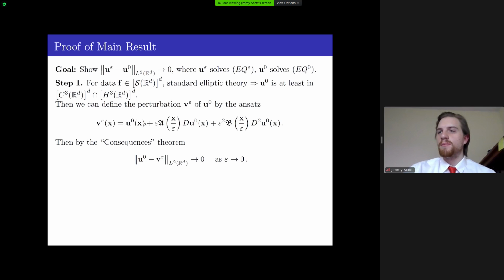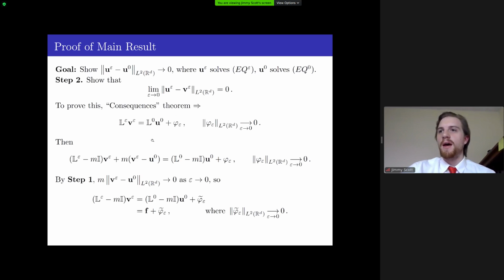Because the classical theory tells us that U0 is smooth enough, we can define the ansatz relatively easily, and so we get that U0 minus the ansatz converges to 0. Then you use the triangle inequality and the fact that V epsilon converges as epsilon goes to 0 to L0 U0.